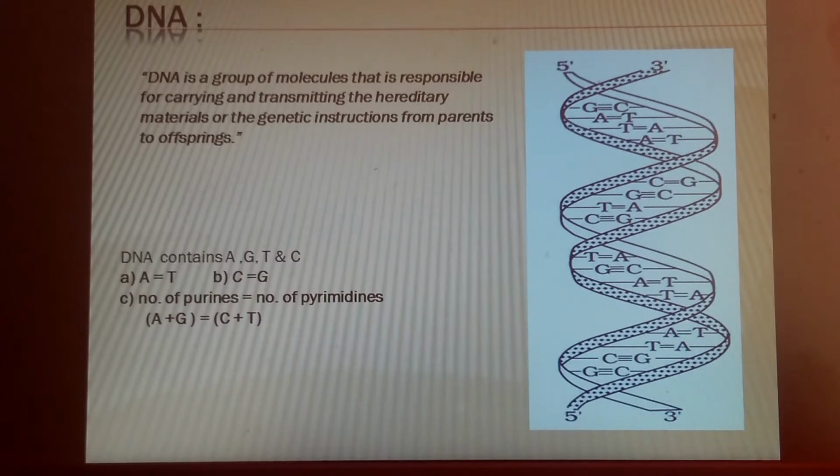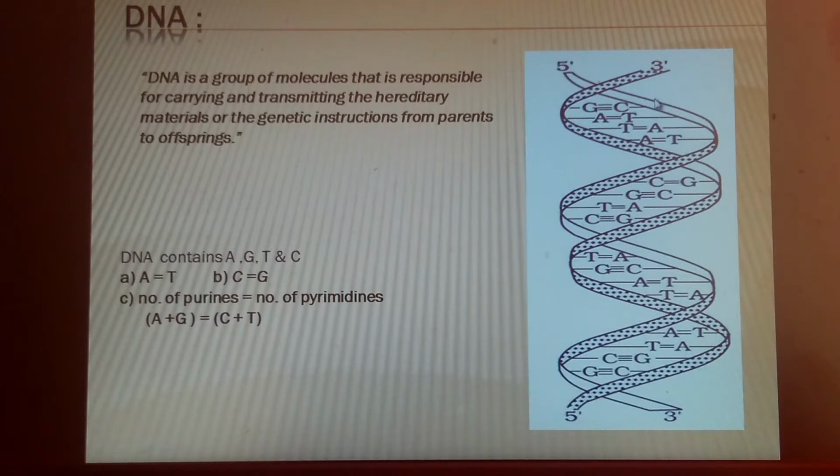In the deoxyribose sugar, on the third carbon of the pentose sugar the OH is free. In this strand, the pentose sugar with the fifth carbon has a free OH. So the OH is not involved in any linkages. That is what 3' and 5' indicate. I hope it is clear now.